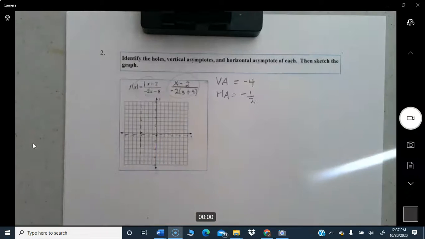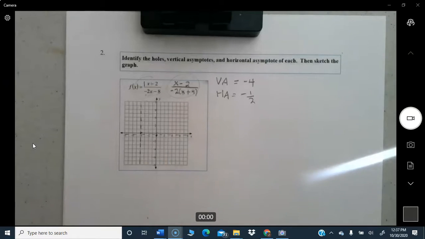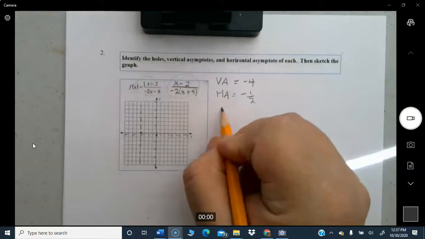Okay, close enough. That's the horizontal asymptote, so the graph cannot go through that line either. You have two lines that it cannot go through. If there's a horizontal asymptote, there's not a slant asymptote, and we're not doing slant anyway. So let's go on to the y-intercept.